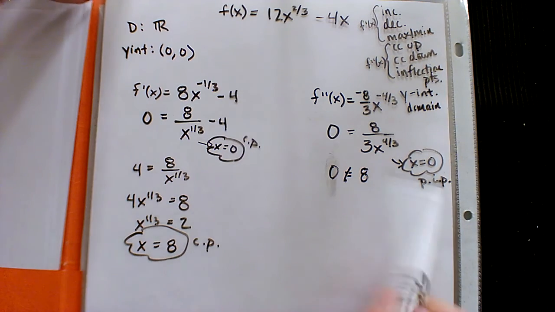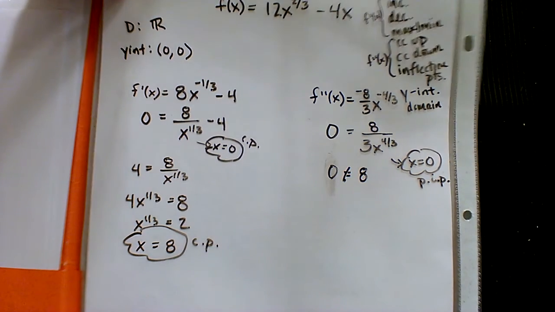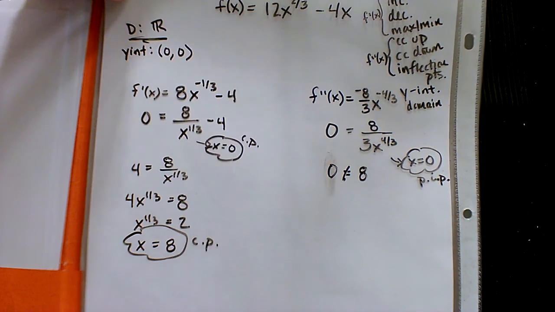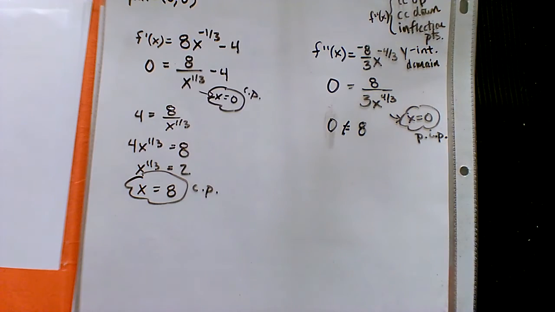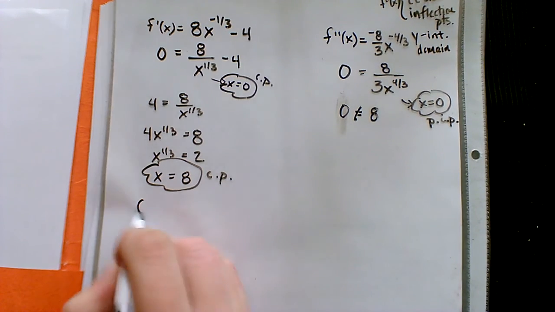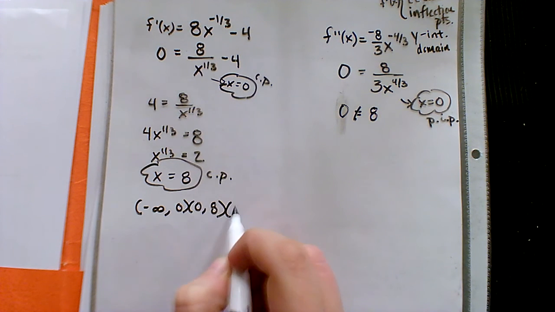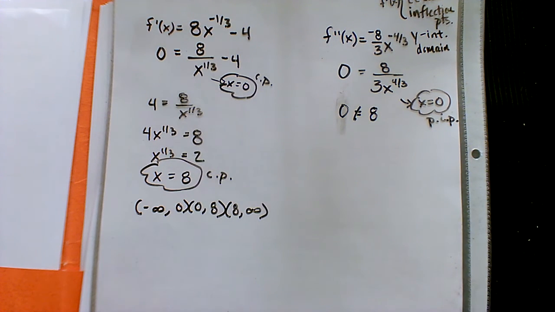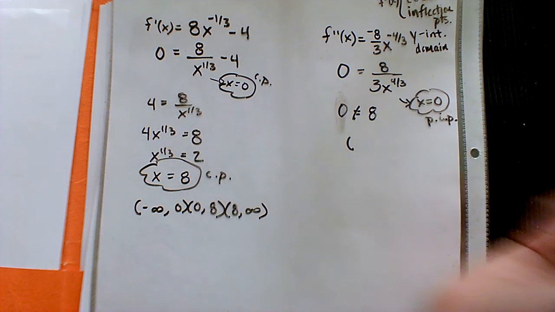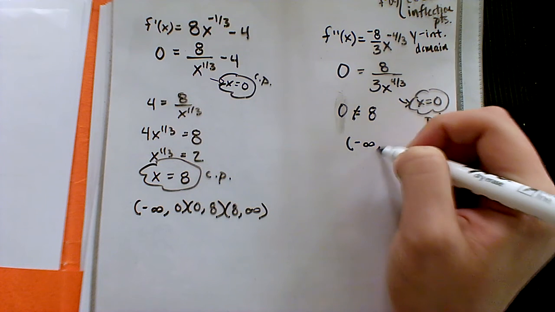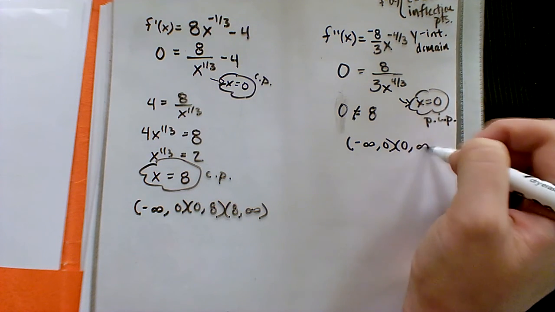So using these critical points and possible inflection points, we're going to take the domain of all real numbers, negative infinity, positive infinity, and we're going to create our sign charts. So negative infinity to 0, 0 to 8, 8 to infinity. And then for the second derivative, we'll do negative infinity to 0, 0 to infinity.